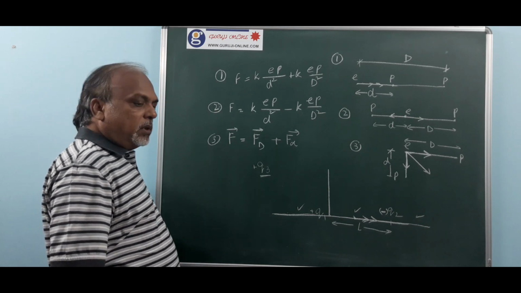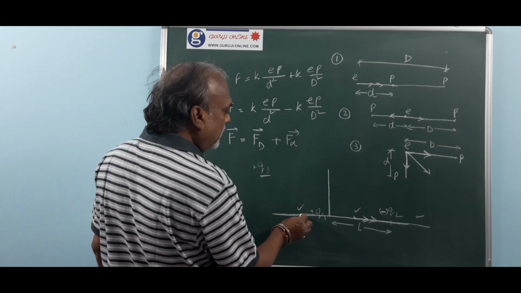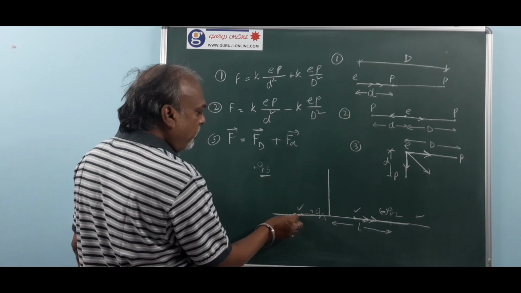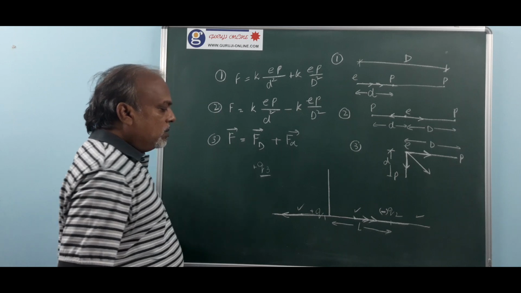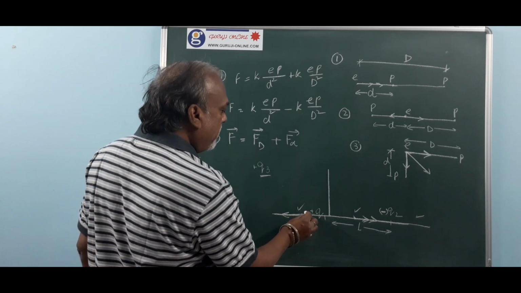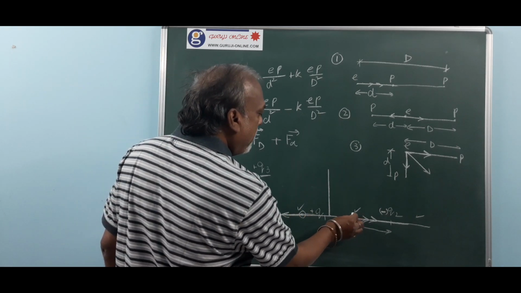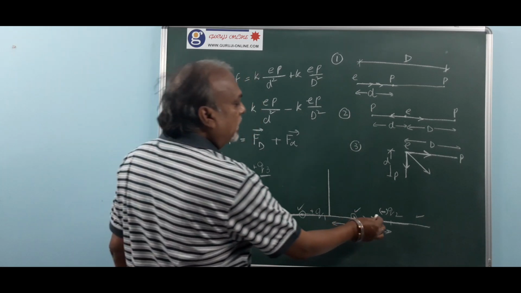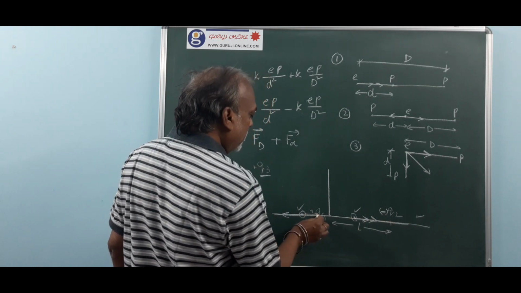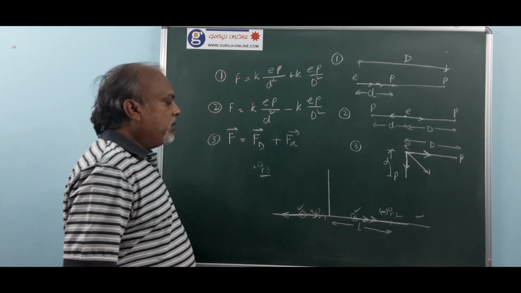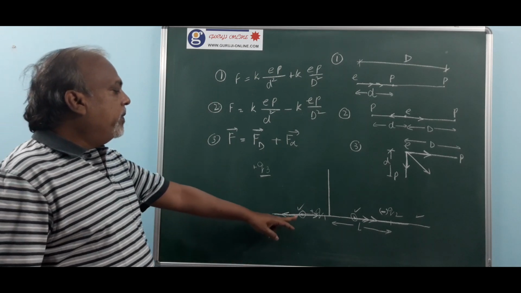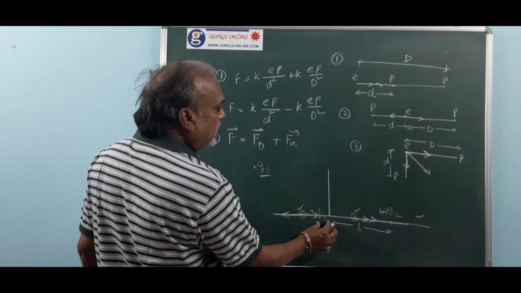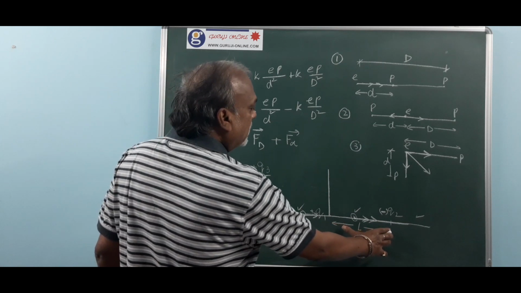Now, suppose we put the charge here. What will happen? Due to Q1, it will have a force like this, correct? And a force like this due to Q2. But in this region, you see this distance is small, but this distance is more.